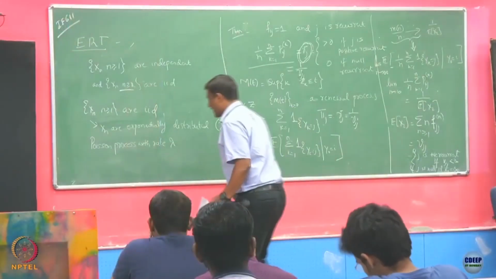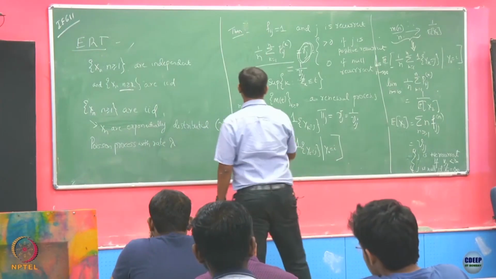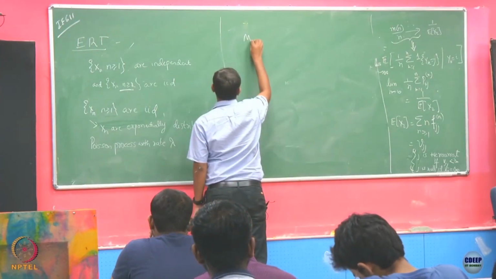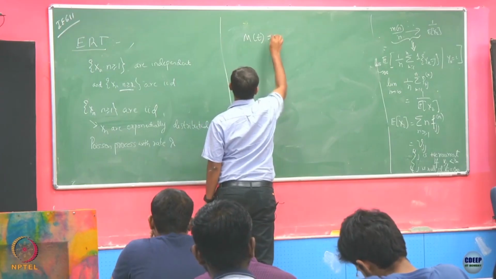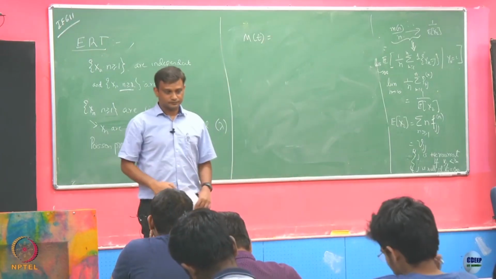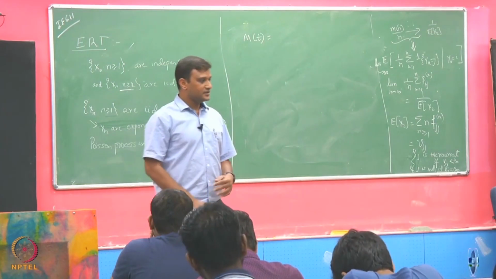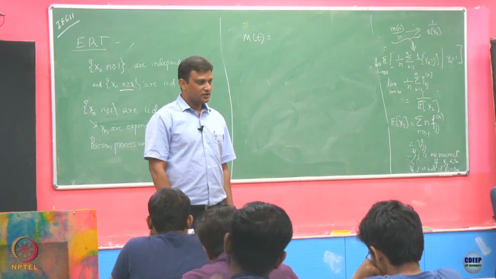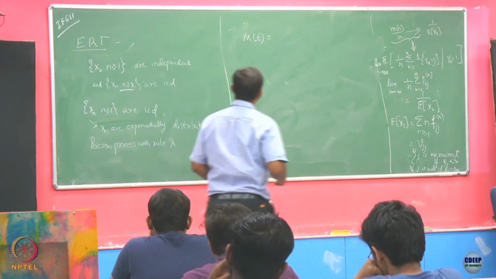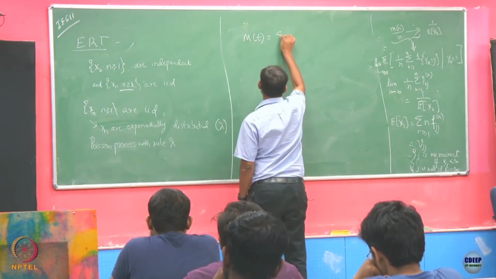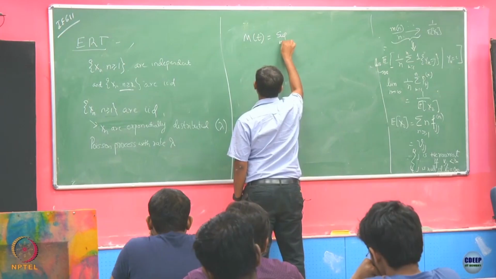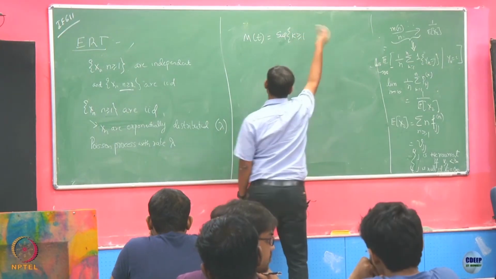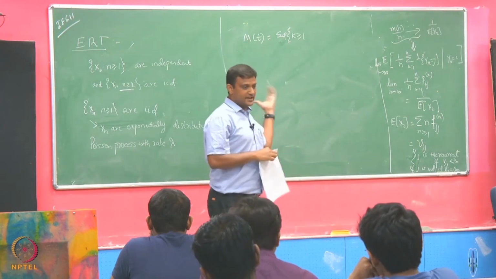Now let us define M of t for this. That is the number of counts that have happened in the interval 0 to t. This is a general thing, it is for any renewal process.